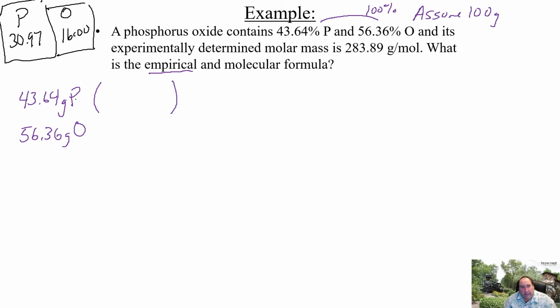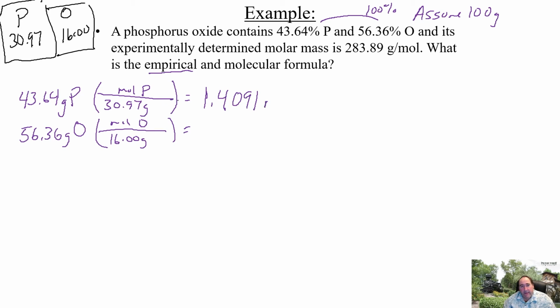Using the molar mass from the periodic table here, we're going to do a little converting to moles. That's 30.97 grams per mole for phosphorus, and 16 for oxygen. 43.64 divided by 30.97 gives us 1.4091 moles of phosphorus. 56.36 divided by 16 is going to give us 3.5225.